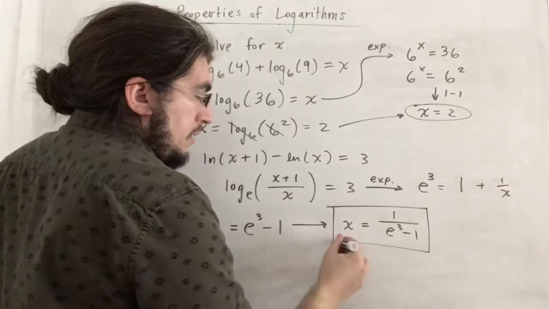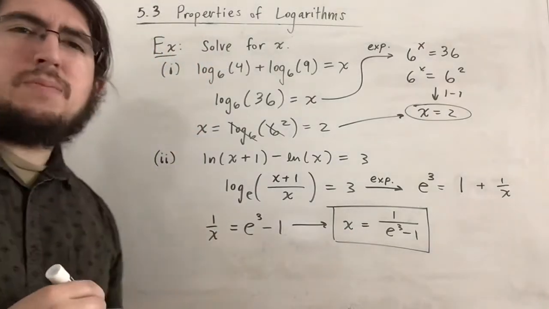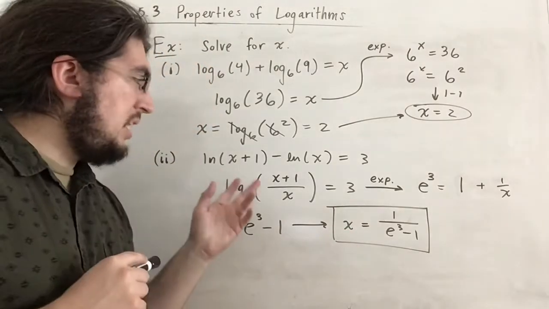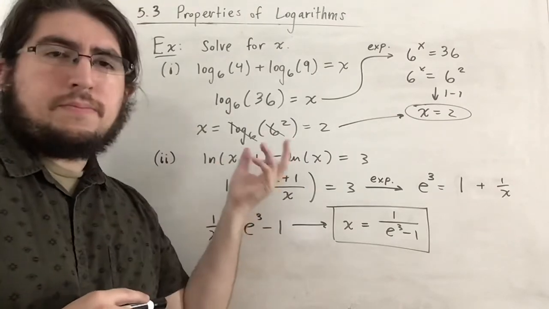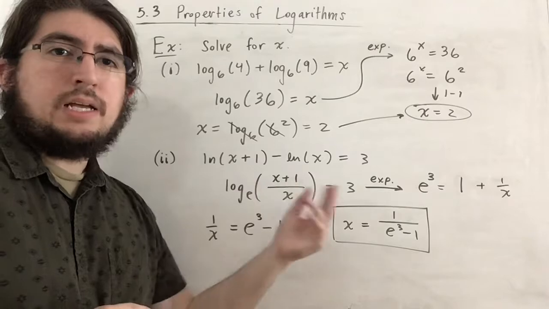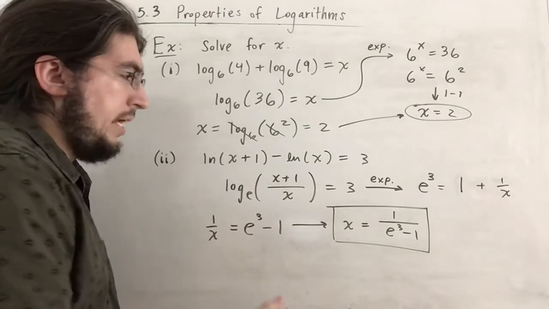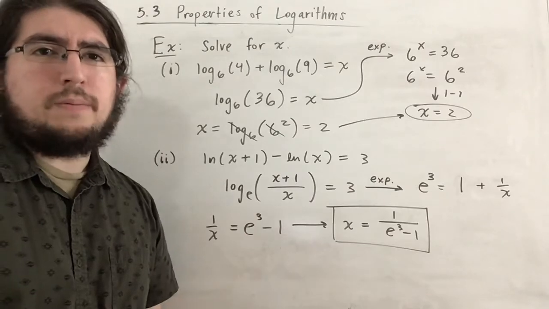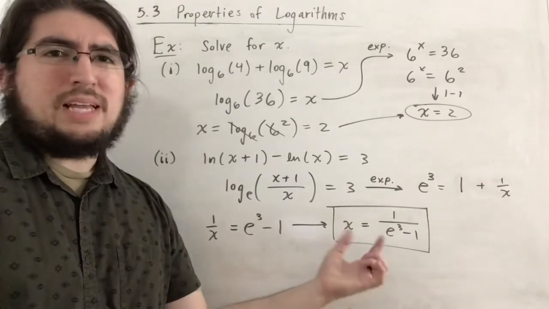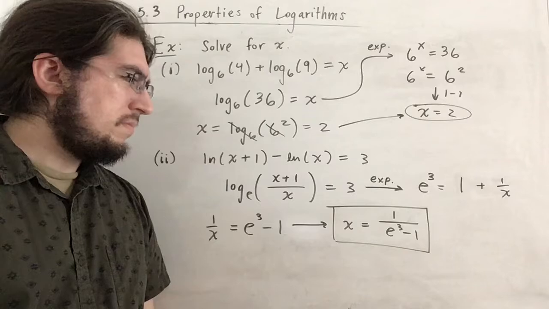And box that. Perfect. Now you have to be careful sometimes because remember the inside cannot be negative. And since we have insides here being expressions of x, you want to make sure these insides are also not negative. But if you do e to the 3 minus 1, the reciprocal of that is going to be a positive number. Since e is 2.7, that to the third is going to be pretty large.